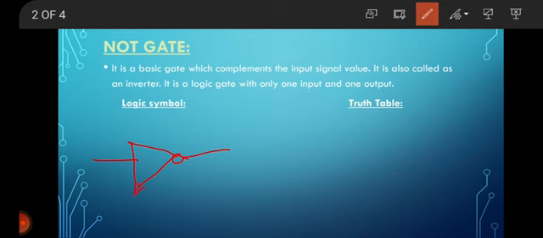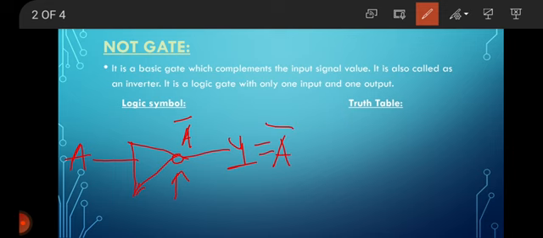This is NOT gate. A represents the input. This bubble represents complement of the input. Here comes A bar. So we can get at the output Y is equals to A bar.